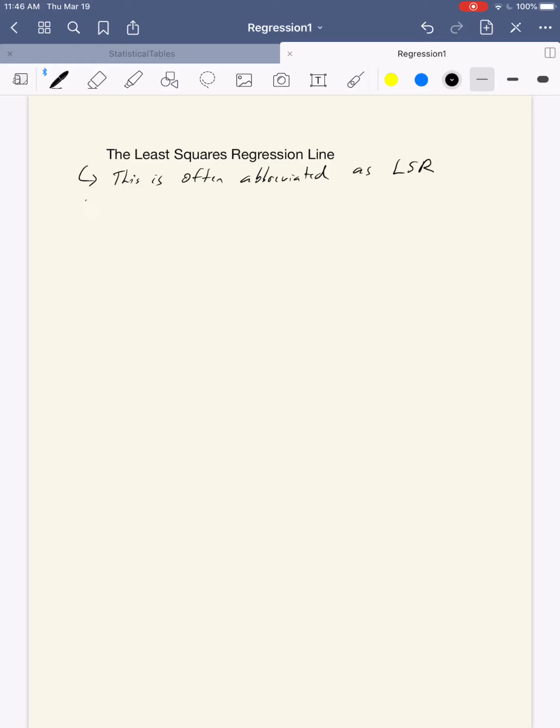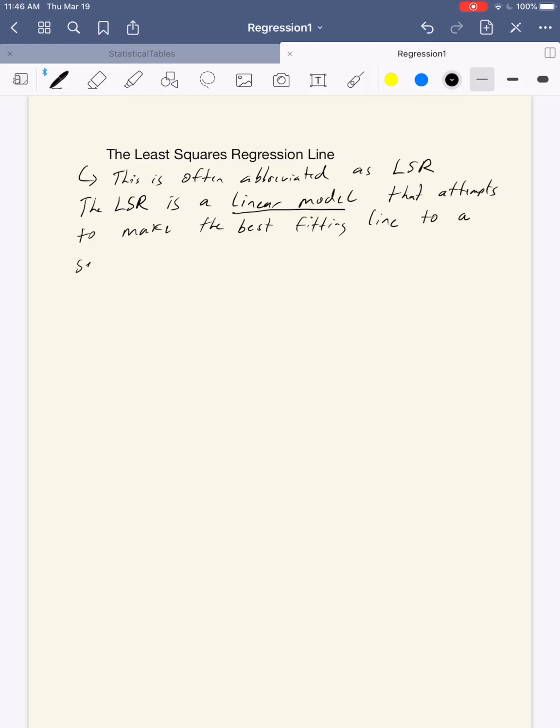What the LSR is, the LSR is a linear model that attempts to make the best fitting line to a set of two quantitative variables.